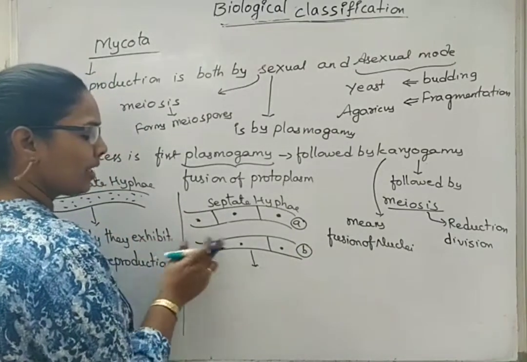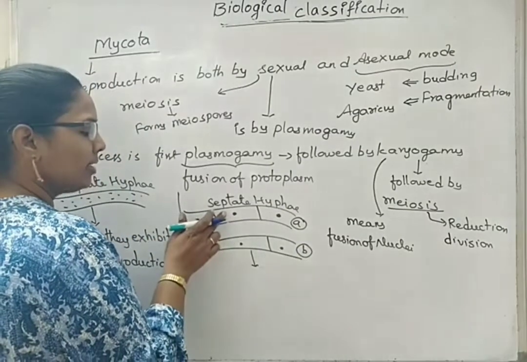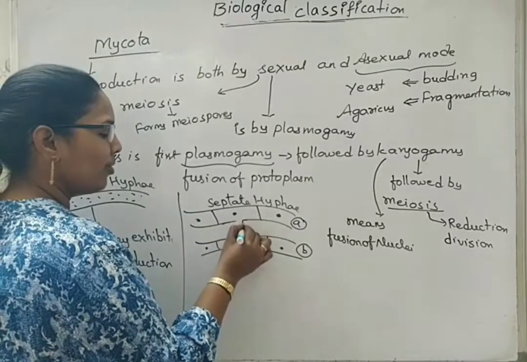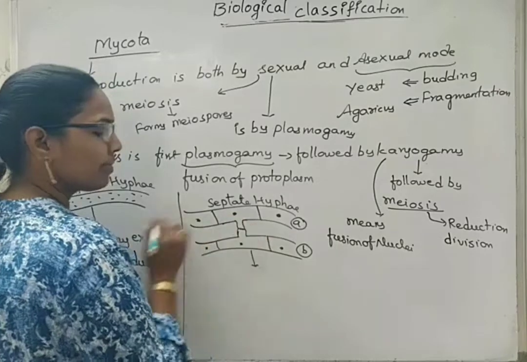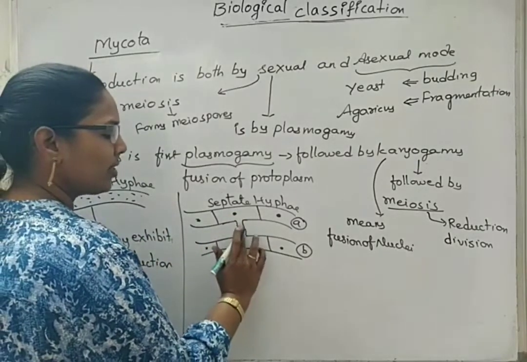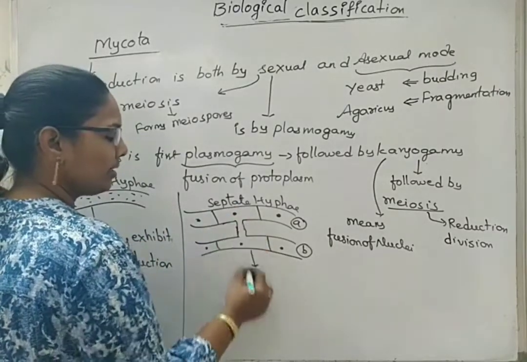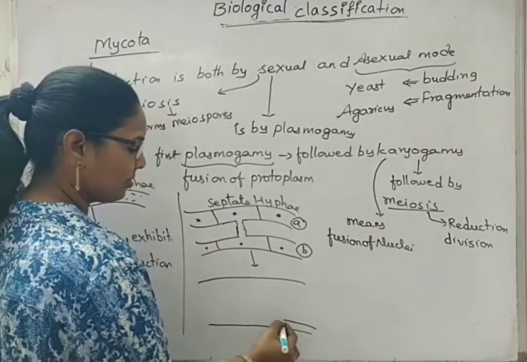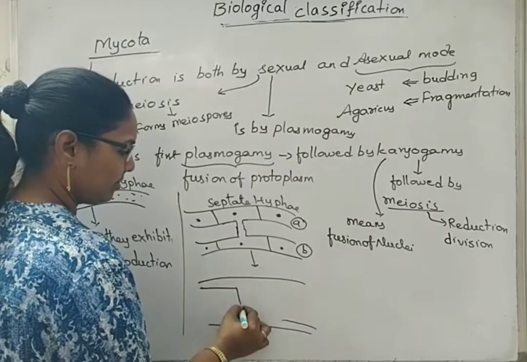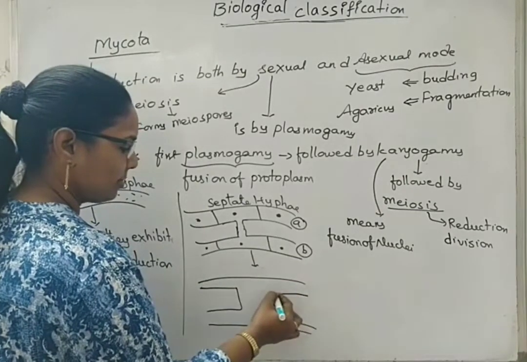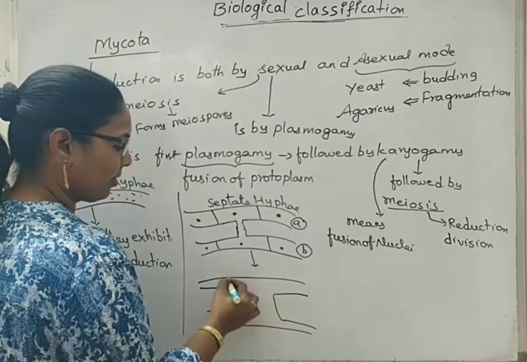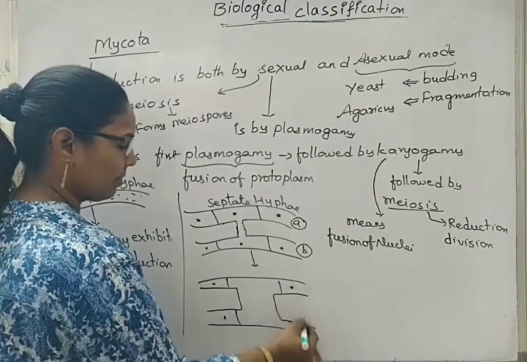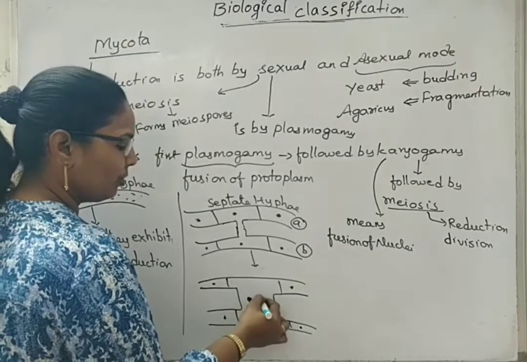In the next stage, what happens? The chambers of these hyphae protrude towards each other and form a connection like this. Now, this connection will be digested, and in the next stage, here forms a single chamber containing two nuclei.